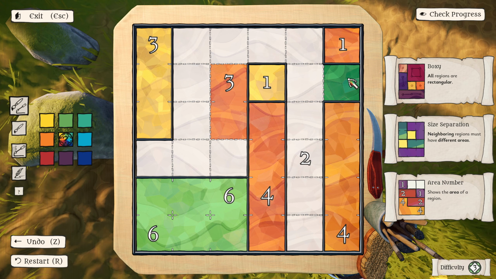This can't be a 1. Therefore has to come out and be a 2. Therefore that's a 2 with a 1 and a 1. If this is a 1 and this is a 2, this can't be a 1 or a 2.